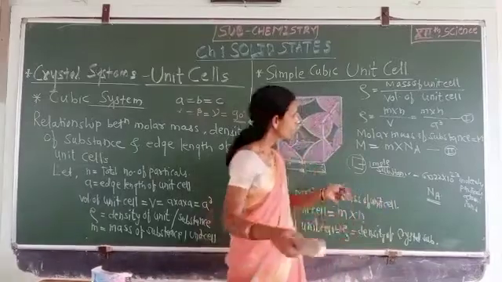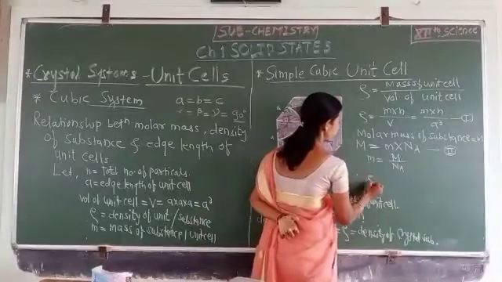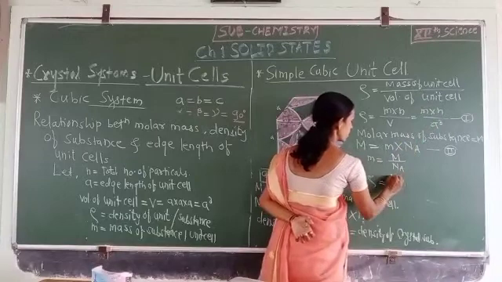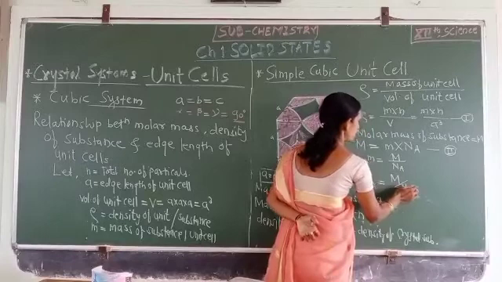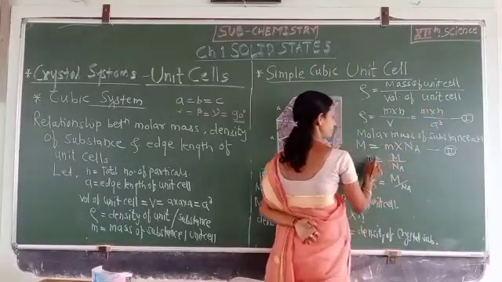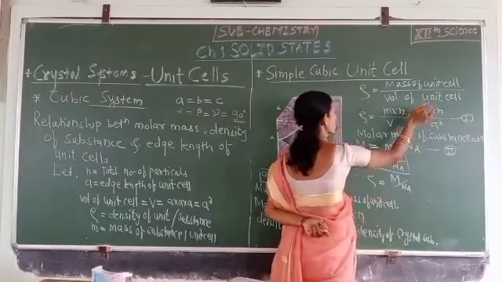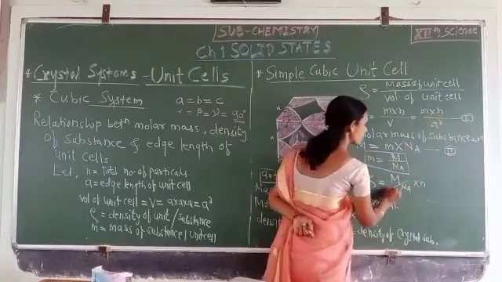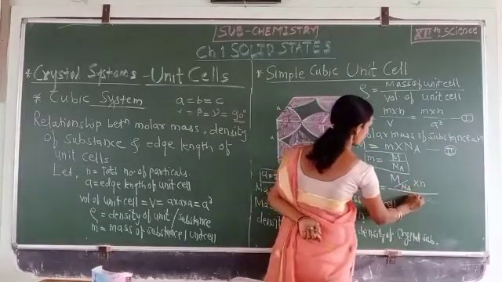Then from equations 1 and 2, we get rho is equal to capital M upon Na, which is the value of that m, into n, where n means the total number of particles present in the given substance, upon A cube.